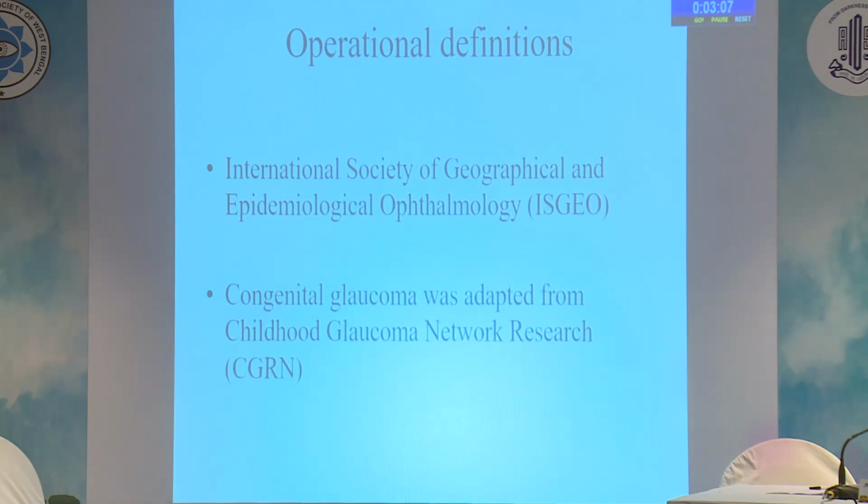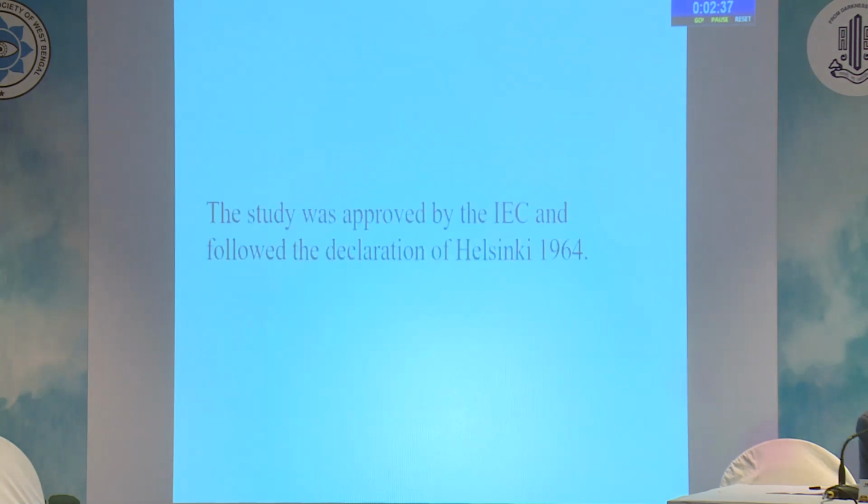Level of evidence two is when the fields are not reliable, but we are able to see a cup disc, especially a vertical cup disc ratio of more than the 99.5th percentile, which is more than 0.9. Level of evidence three is when the visual field is not possible or the cup disc assessment is difficult, so based on the level of IOP, which is more than 26 millimeters, based on the 99.5th percentile. The study was approved by the Institute Ethics Committee.